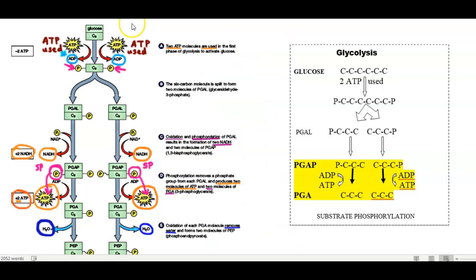So here we start with glucose at the top. That has 6 carbons. And in this first step, right here, we're actually going to be using ATP. So 2 molecules of ATP are used in the very first phase of glycolysis.